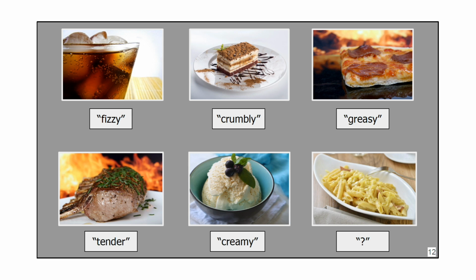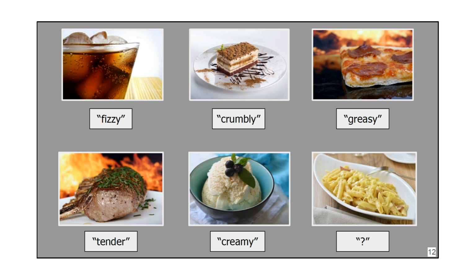Here we have 6 surfaces that have different tactile qualities. Even though these are foods and beverages, they still have surfaces that we can experience. If you were to poke your finger into any of these surfaces, you would be able to understand its tactile quality.